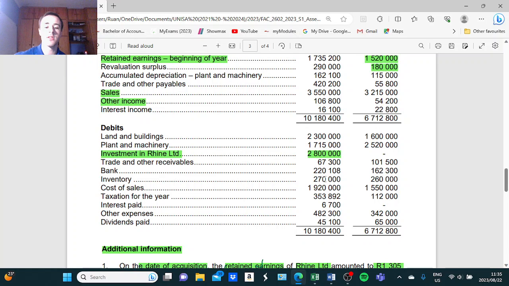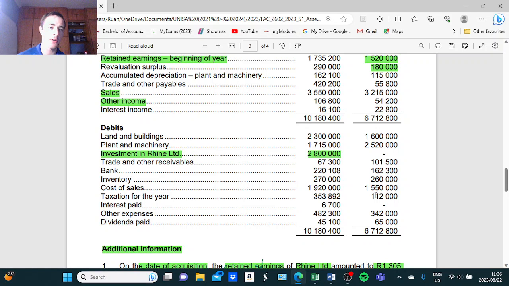So the 270,000 includes the unrealized profit of 30%. The 260,000 for the subsidiary does not include unrealized profit because the subsidiary is the one that makes the intergroup sales of inventory. Green Limited has purchased the inventory, so Green Limited's inventory will include the unrealized profit. Why do we refer to it as unrealized profit?